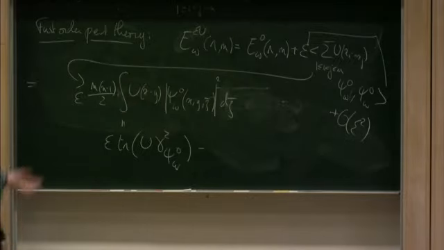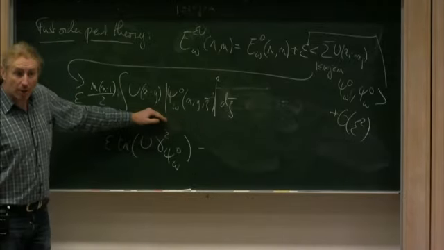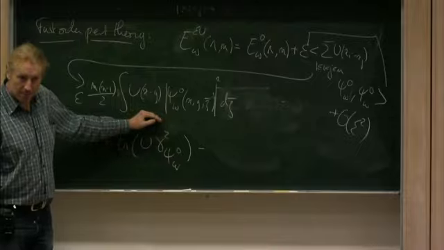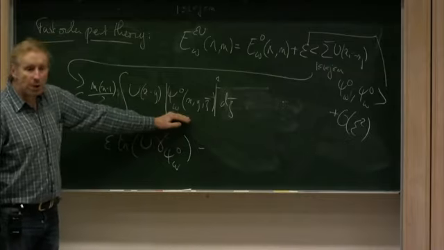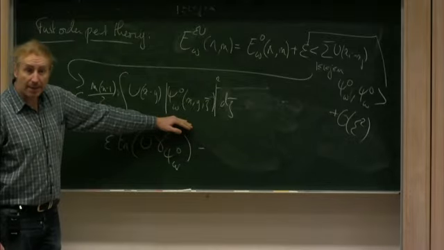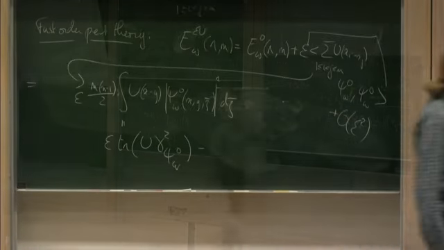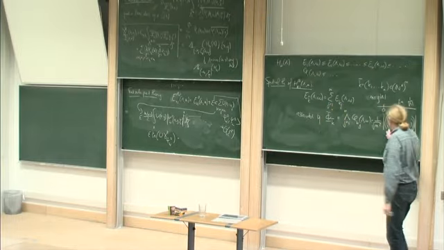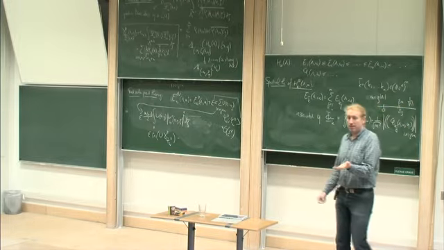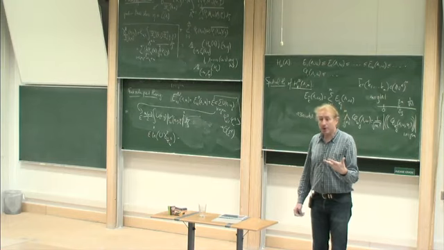But what you see here is that if you want to understand how large this is, you need good information on what this vector looks like. And good information on what this vector looks like means knowing at the same time many eigenvalues of your random system.